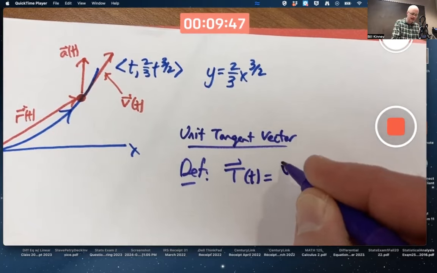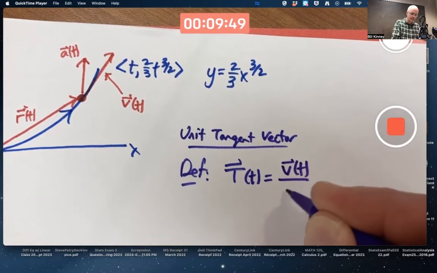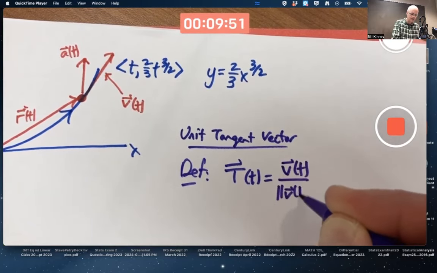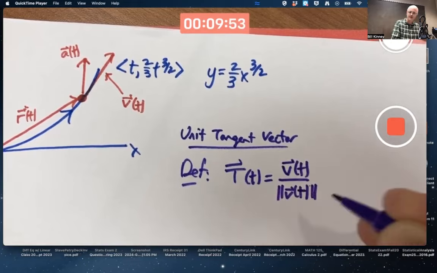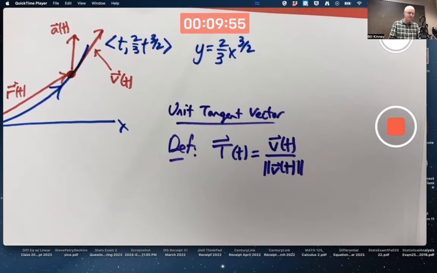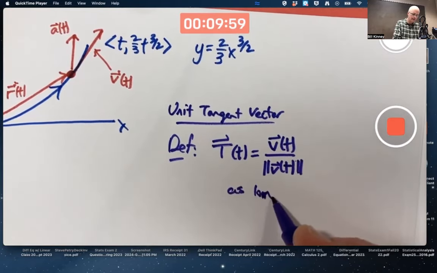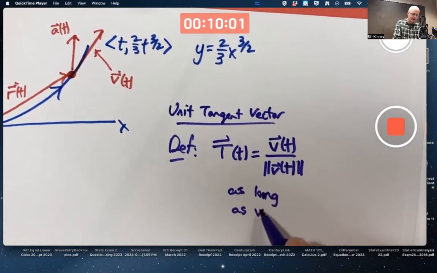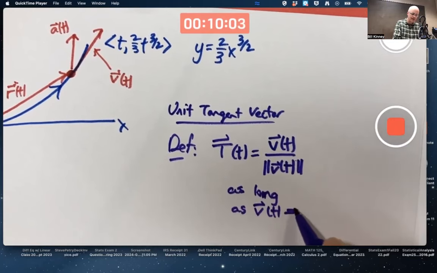It's the velocity vector divided by its magnitude, as long as the velocity vector is non-zero. As long as the velocity vector is not the zero vector.